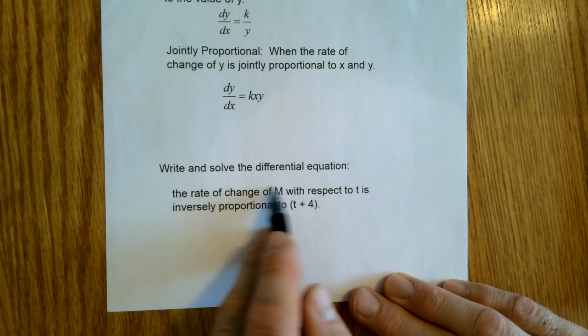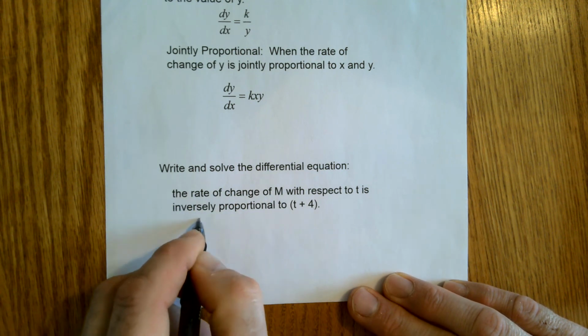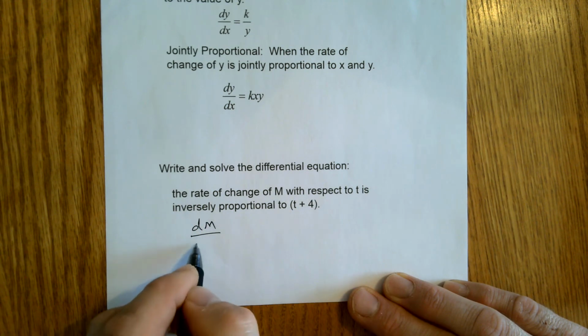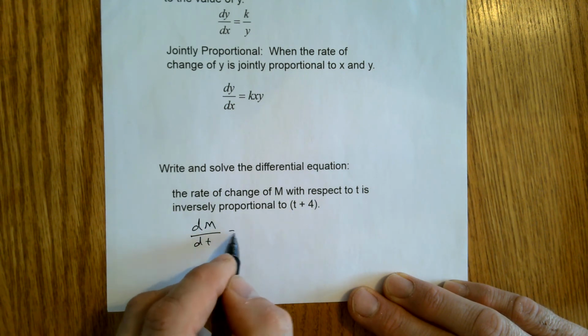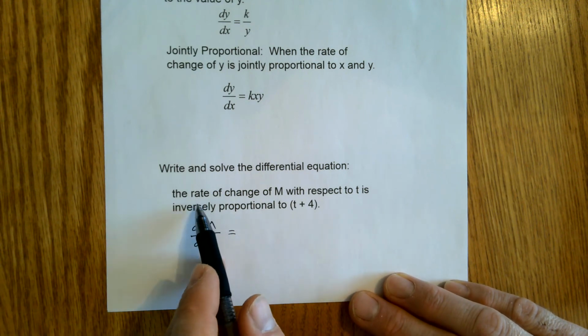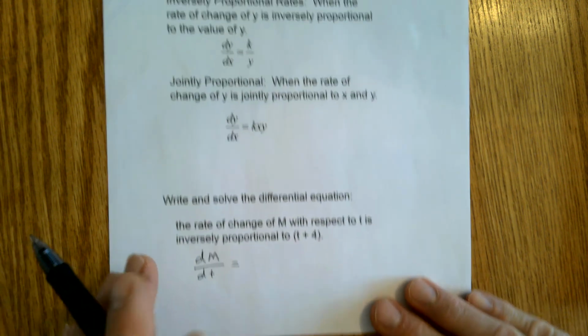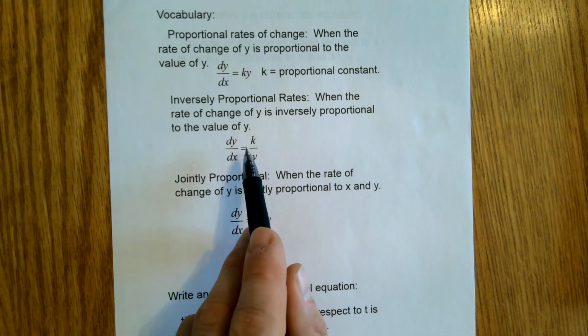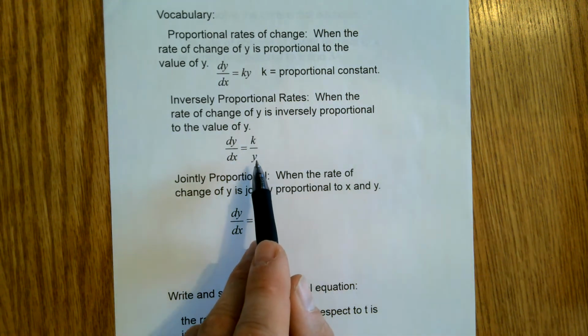Whenever I see rate of change, that means derivative. So I know the derivative of m with respect to t. That gives us dm/dt. It's going to be inversely proportional. Well, for inversely proportional, we have dy/dx equals k over y.